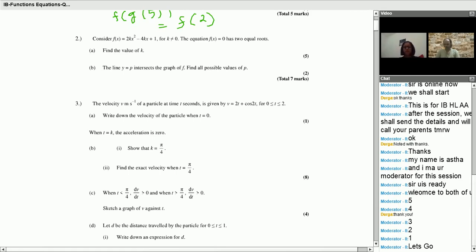Then you get 16k squared minus 8k is more than 0. So 2k squared minus k is more than 0. Then you'll get k times 2k minus 1 is more than 0. So it's either k is more than 0 or 2k minus 1 is more than 0. Something like that, I think.